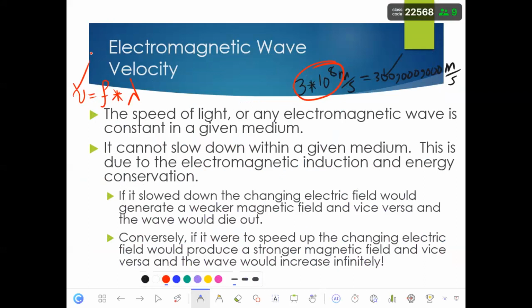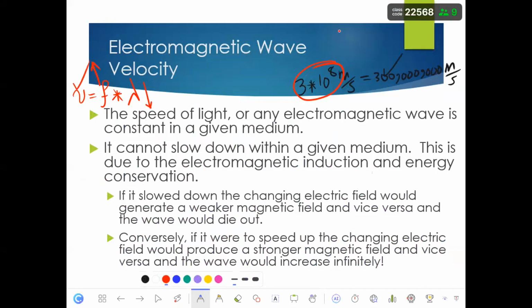So if the frequency increases, the wavelength should be smaller. For instance, the frequency of gamma ray and X-ray is high, but its wavelength should be small, because radio wave, gamma ray and X-ray have the same velocity. It doesn't matter. All electromagnetism waves have the same velocity.